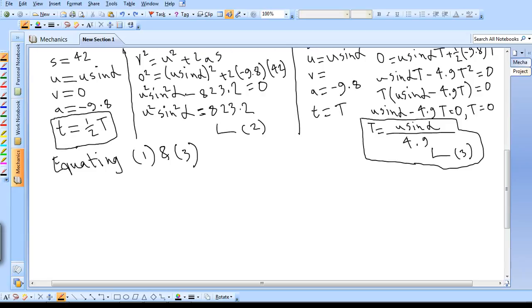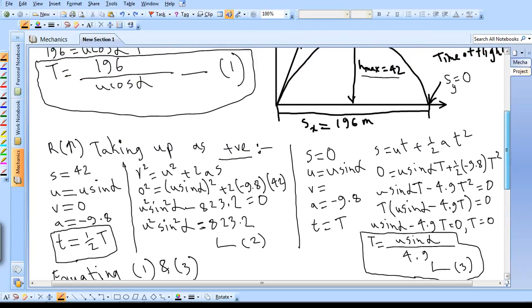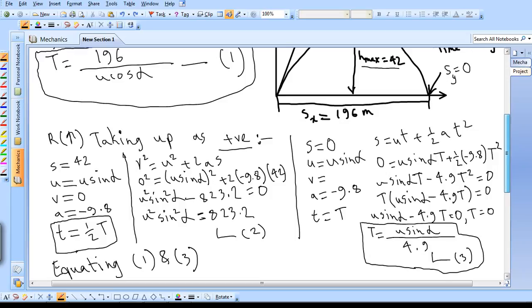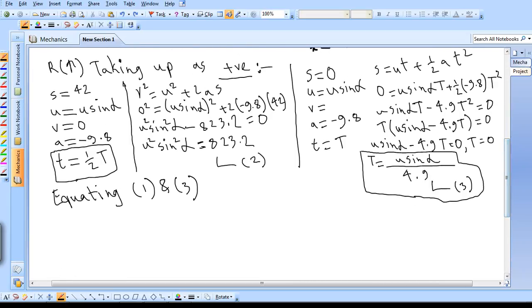So let us write the equation of t. Here t is equal to 196 by u cos alpha, so 196 by u cos alpha is equal to u sine alpha by 4.9.